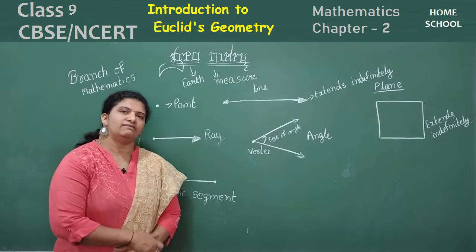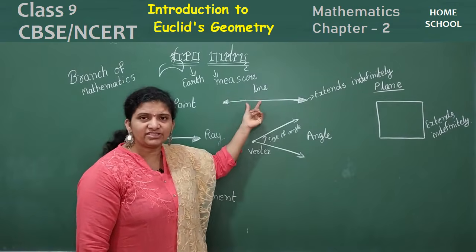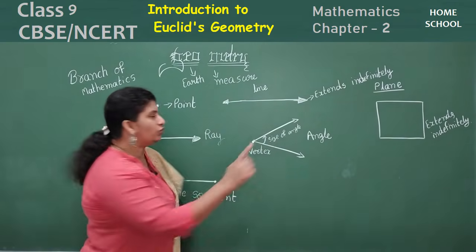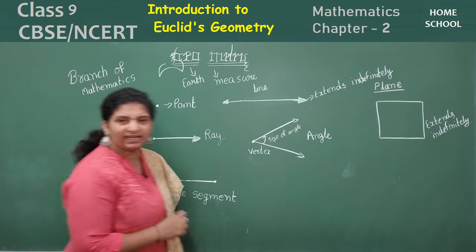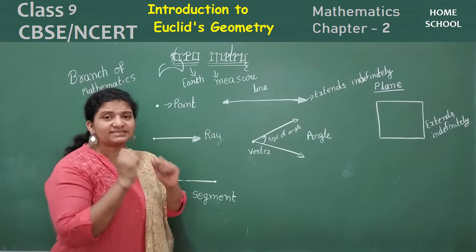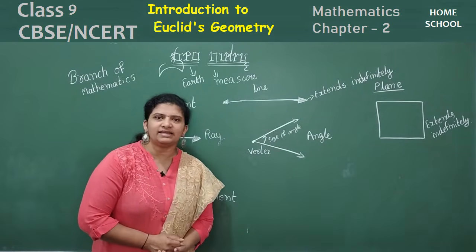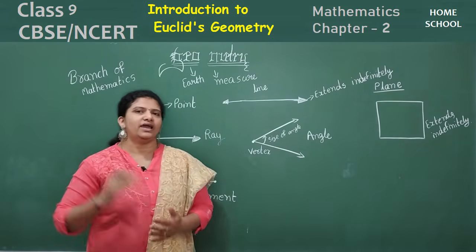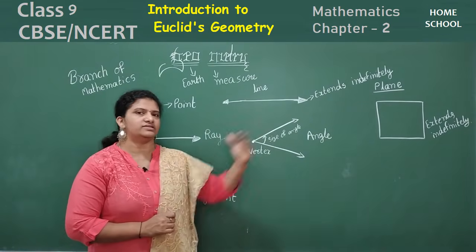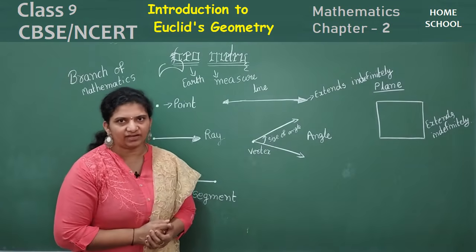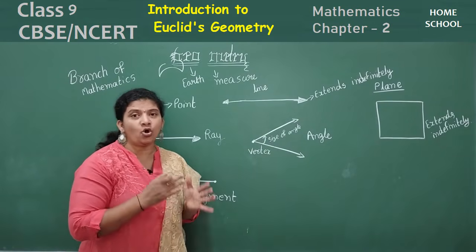Next, we are going to deal with a line. What is a line, children? A line, see here, you can see the endpoints with two arrow marks. What does this indicate? The line extends indefinitely, either this side or this side. It extends indefinitely in two ways and there is no end.